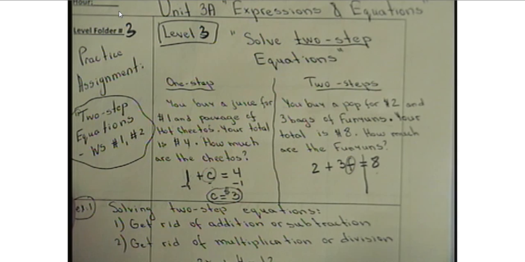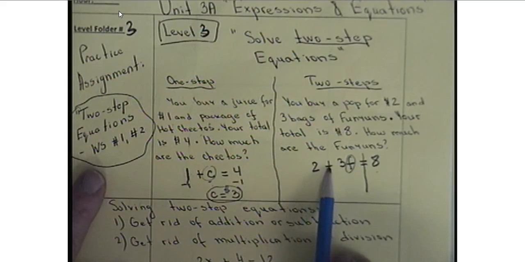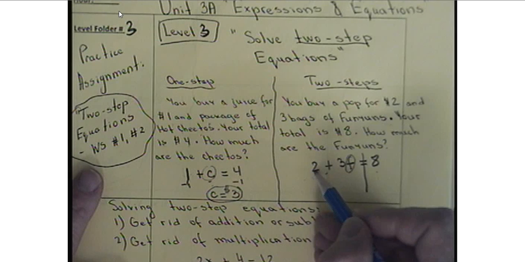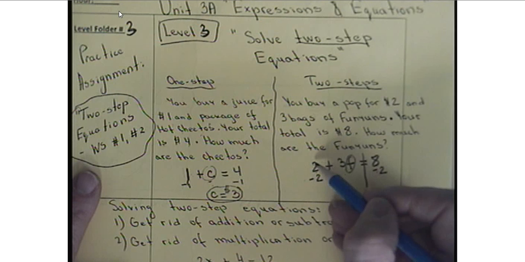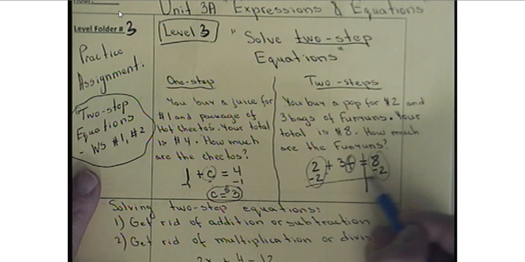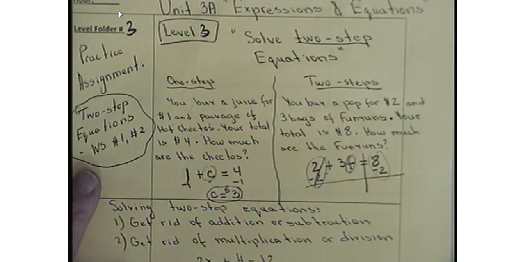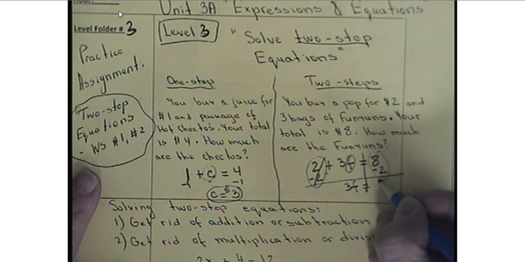First thing, you always want to cancel or get rid of the number that is added or subtracted, just like mission 1, the one we began with. So if this is positive 2, we want to subtract 2 from both sides, and you subtract 2 only from here and here. So if I draw a line, I get 2 minus 2 is 0, this one cancels, then we have 3 Funyuns is equal to 8 minus 2 is 6.